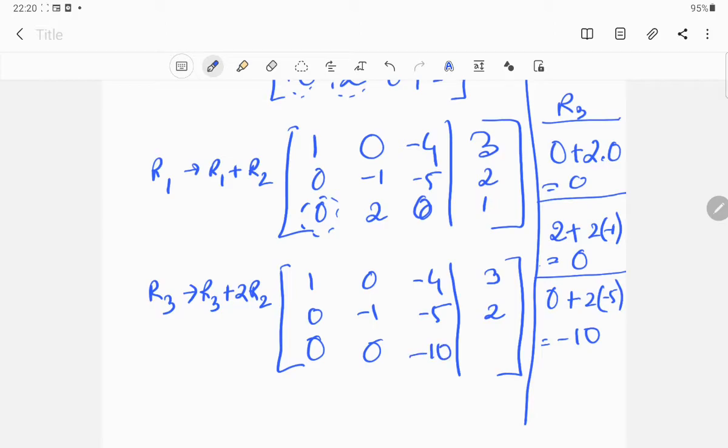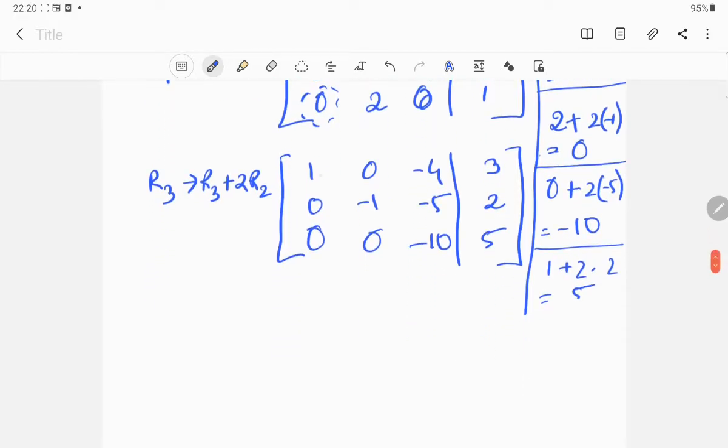And then one plus 2 into 2, so it is equal to 5. So almost we are getting this.